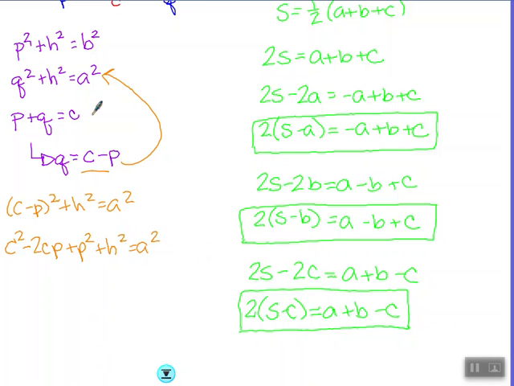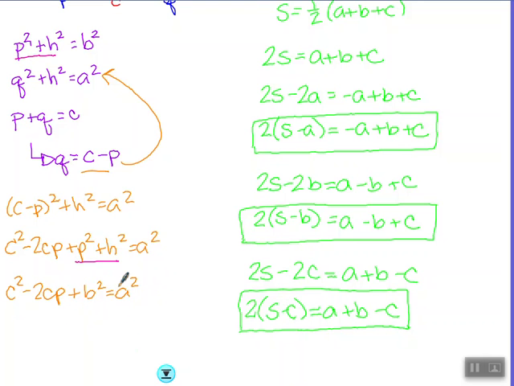If I go back to my equations, I know that P squared plus H squared equals B squared, and I have P squared plus H squared here. So I'm going to do substitution again and end up with C squared minus 2CP plus B squared equals A squared.